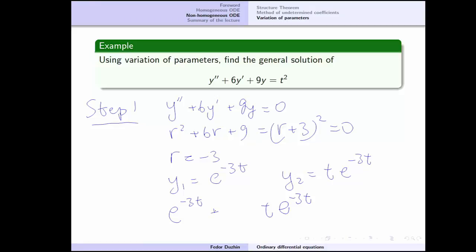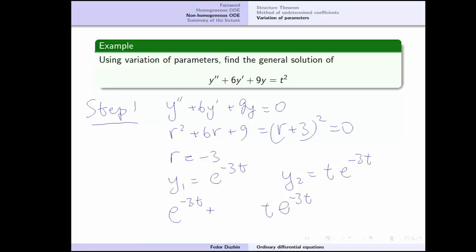Right? So if we just wanted to solve the homogeneous equation, then we would stop here. But now we want to solve the non-homogeneous equation, which means that we need to find a particular solution of the non-homogeneous equation.